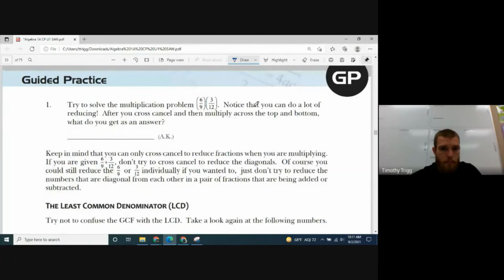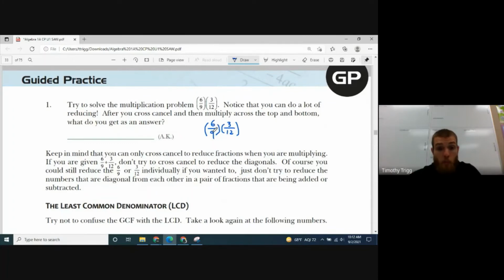All right. Now, when you're multiplying fractions, one thing you can do is reduce the fractions before multiplying. And a lot of times that helps a lot. So let's look at this fraction here, 6 over 9. I can reduce that fraction, can't I?